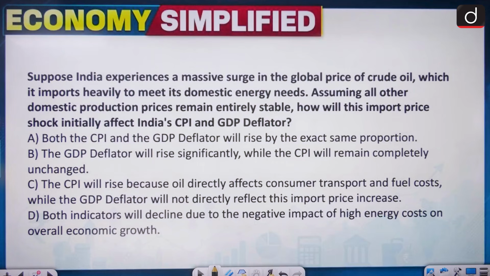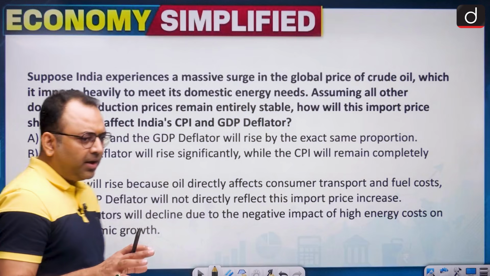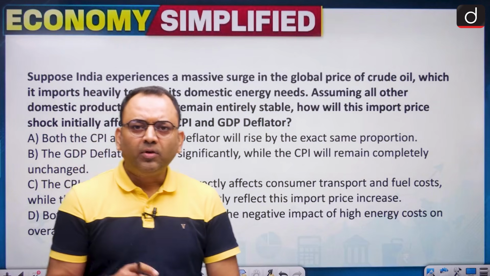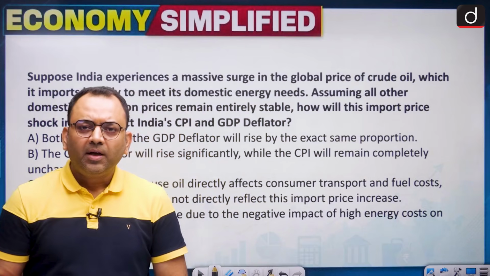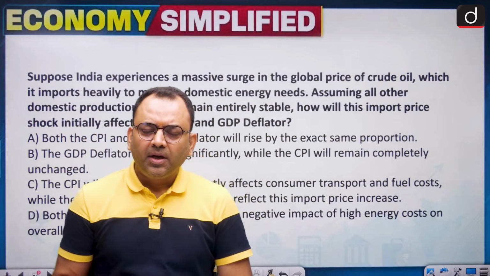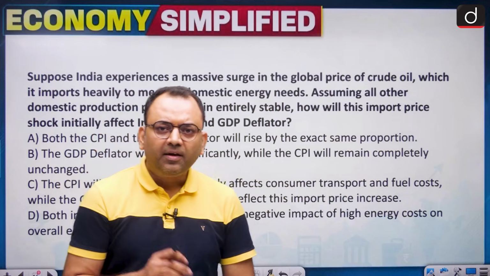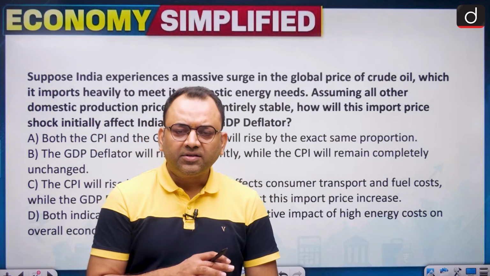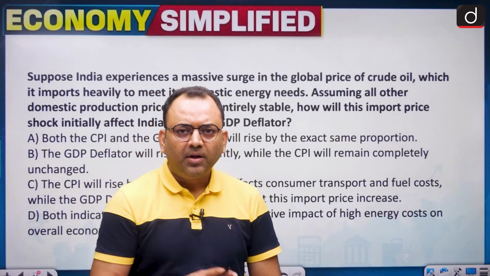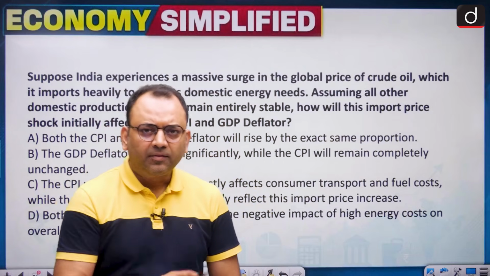You see, the first thing you have to see is that GDP doesn't include the imported goods. So if the price of, say, oil increases, the GDP deflator will not take care of this change, because we import the oil and the oil import is not a part of the GDP.